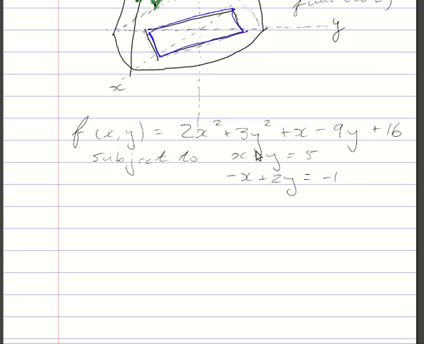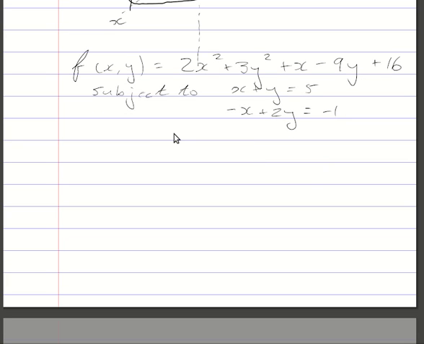Now, how do we actually do the Lagrange multiplier method? This is a question, I think, from question 10 of the mock exam that I posted. Here we have a function of x and y equal to 2x squared plus 3y squared plus x minus 9y plus 16, subject to two linear conditions.